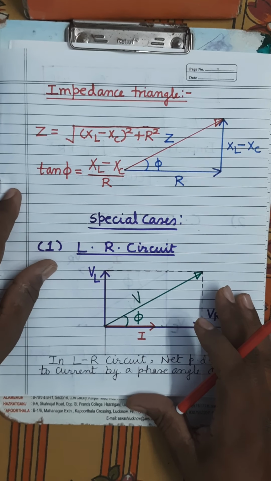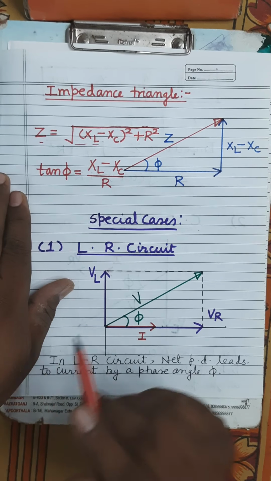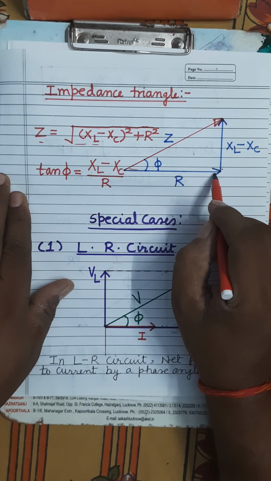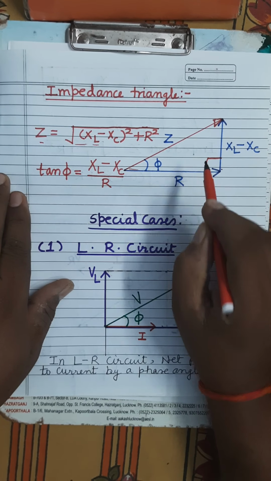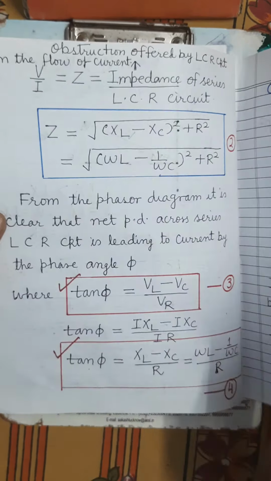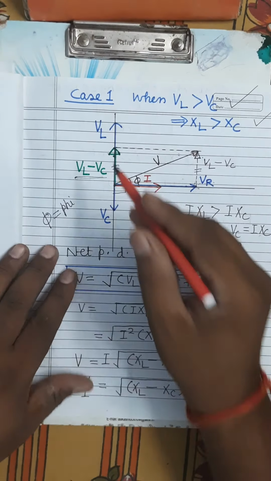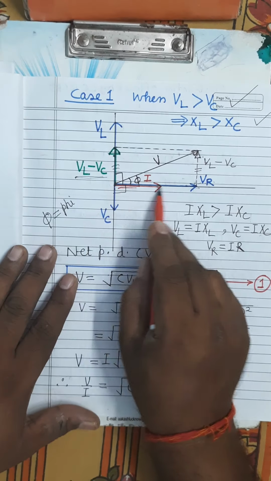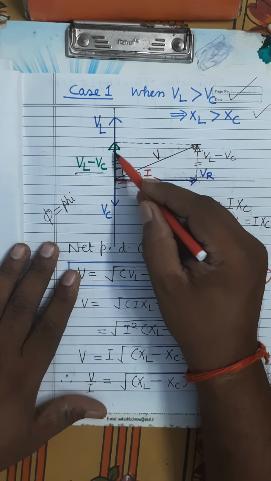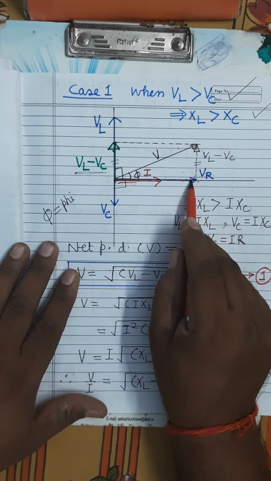You can see here, as we know, this is the formula of impedance. So here we have taken XL minus XC in this side and R in this side. It's clear. You will find that VL minus VC and VR are perpendicular to each other. VL minus VC is this, therefore XL minus XC I have taken in this direction and R in this direction.